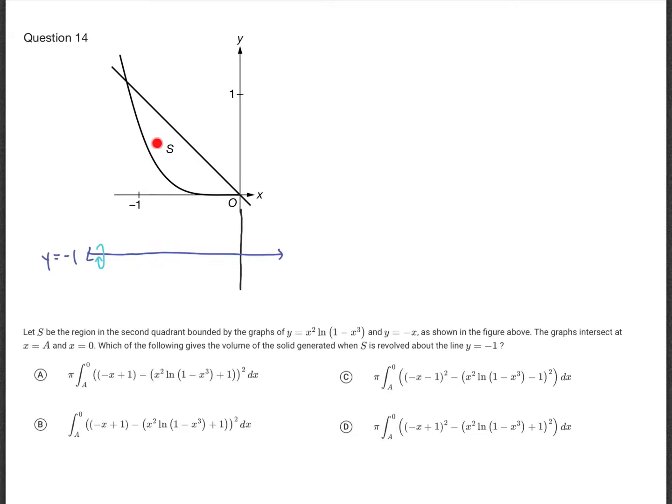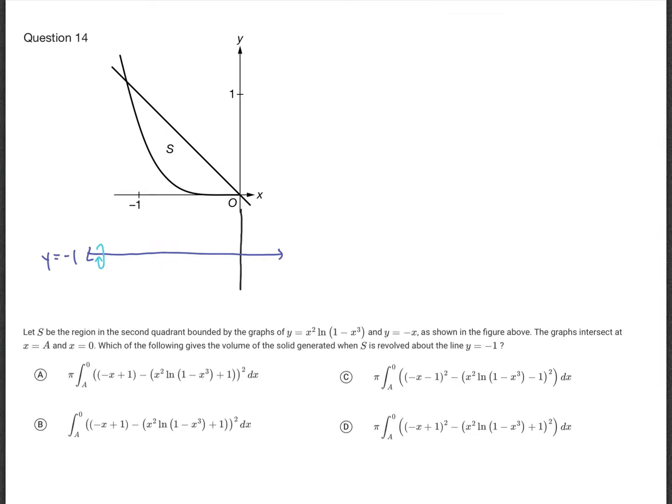So we can see if we revolve this area around this line, there's going to be some kind of hollowed out portion. All this is hollowed out. So that means we're going to do r squared minus r squared, the outer radius squared minus the inner radius squared. All this really is kind of two volume of revolution problems in one. We're really finding two volumes, but then just subtracting the inner one to hollow out the volume.